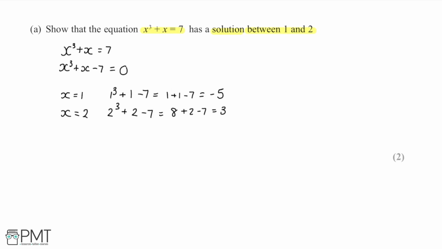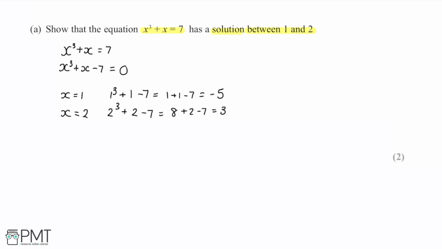So we've got these values out when we sub in x equals 1 and x equals 2, and we just need to work out what they mean and what they show. So we're looking for a value of 0. When the x value is the solution, when we substitute that value into here, we're going to get 0. However, when we use 1 and 2, we get a value of minus 5 and 3.